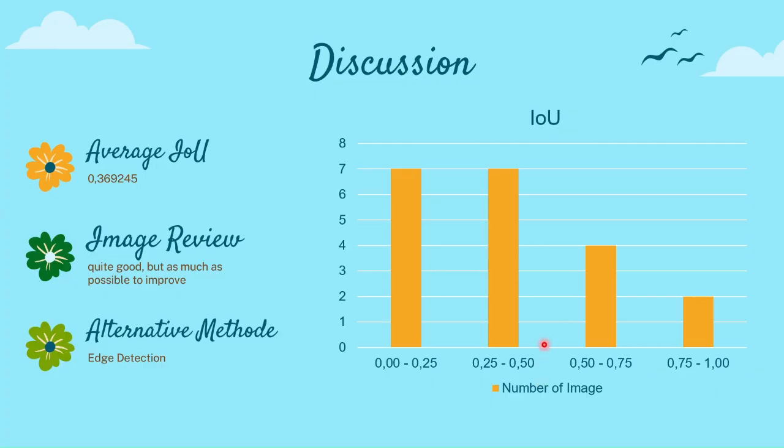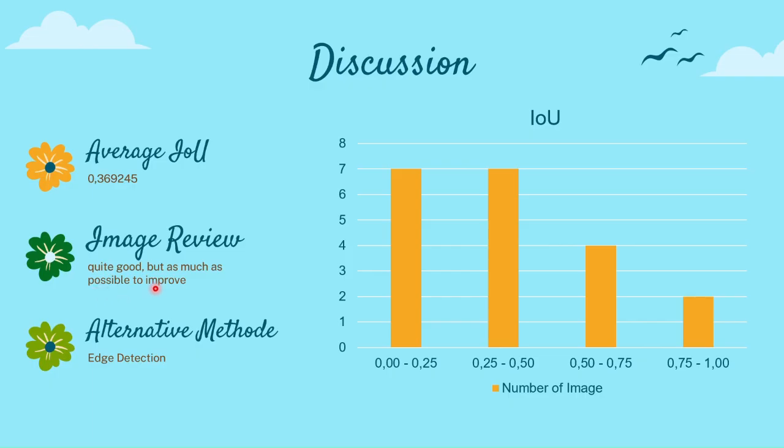Meanwhile, there were 4 data points with IOU values between 0.5 and 0.75, and 2 data points with IOU values between 0.75 and 1. Additionally, the average IOU across all data points was calculated to be 0.369245. This value is considered not too bad, but it certainly needs improvement.